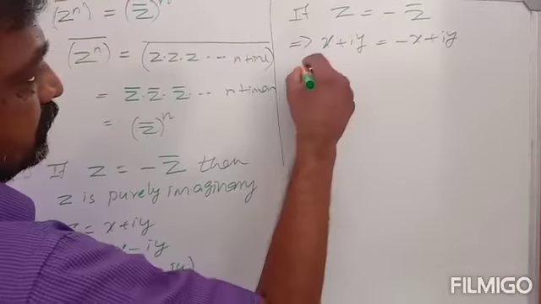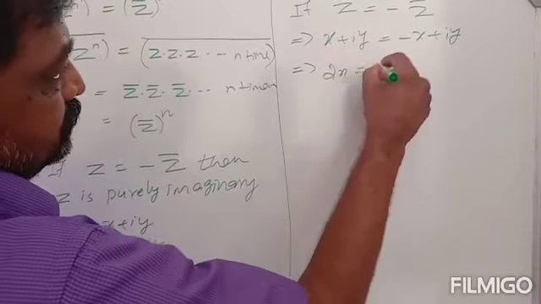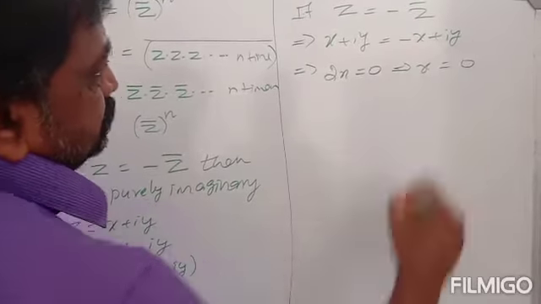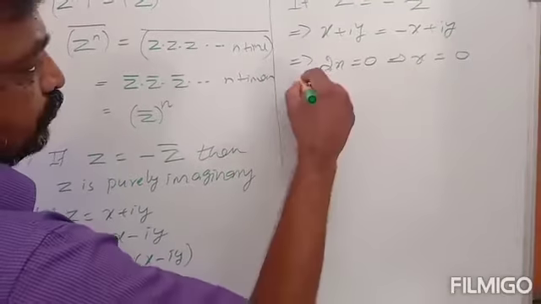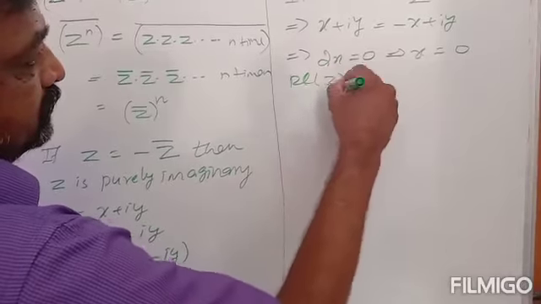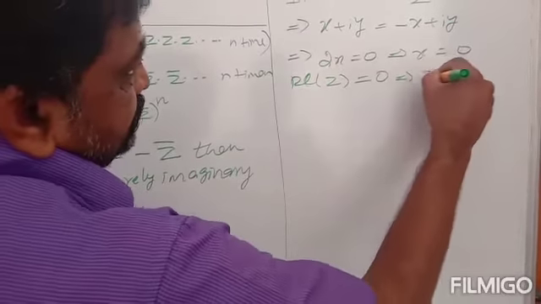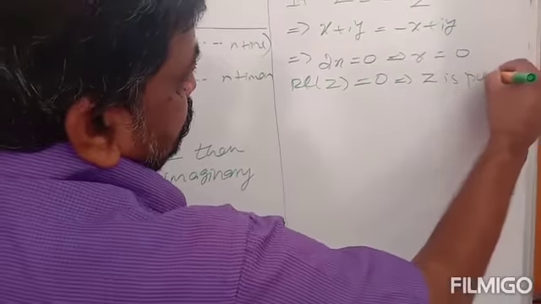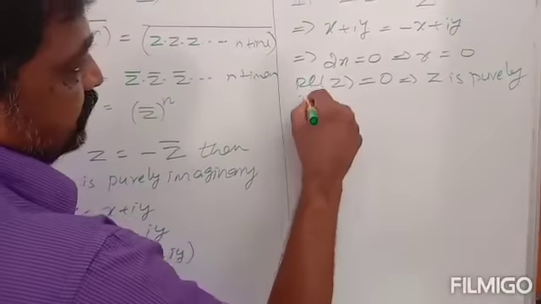Iy cancel, this implies 2x equal to 0. This implies x equal to 0. If x equal to 0, real part of z is equal to 0. This implies z is purely imaginary.